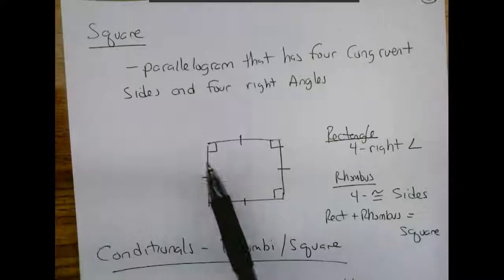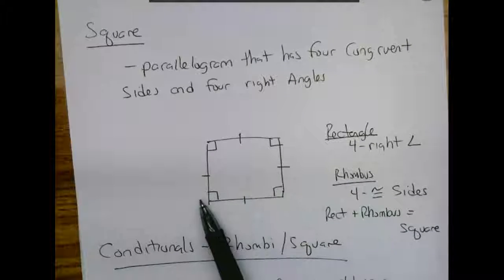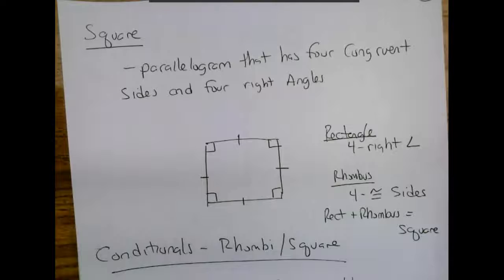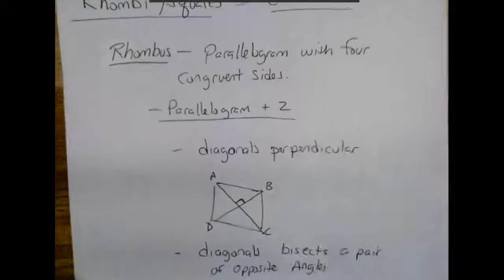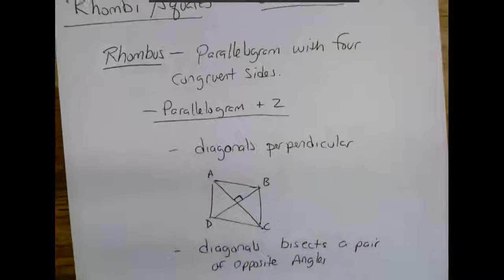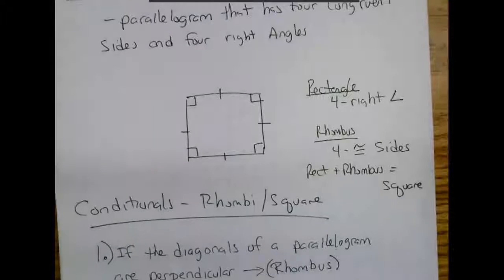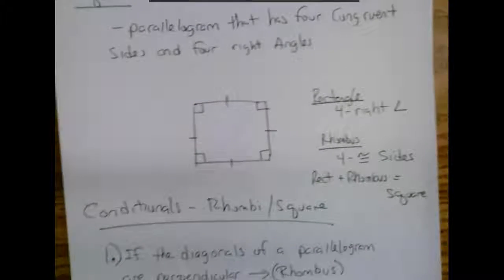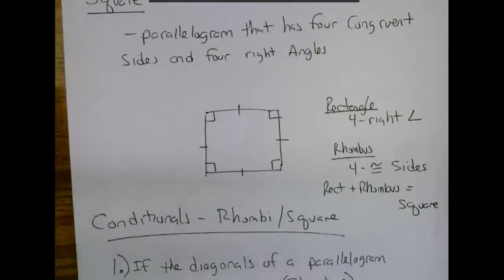In fact, all of these would be equal to each other. When we look at the rhombus, that might not necessarily be the case. We might have these 2 angles equal to each other, and these 2 angles, but they're not all equal to the same angle.